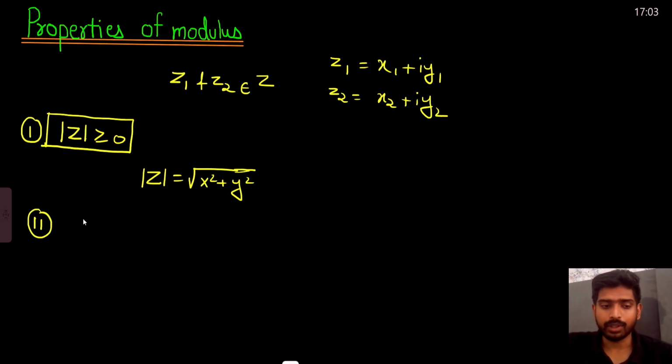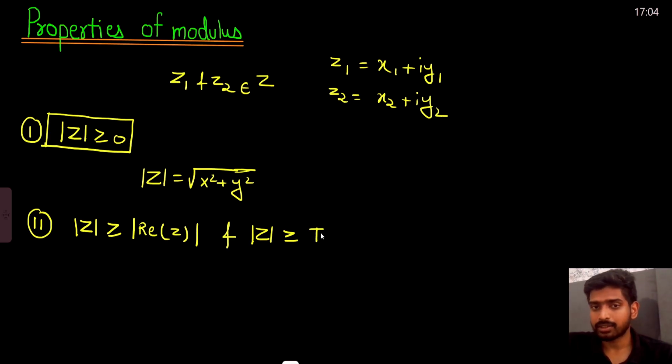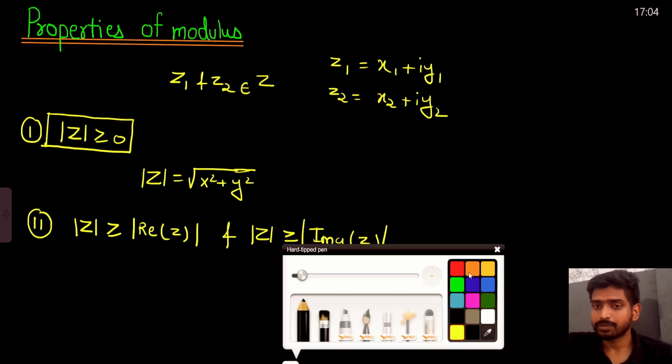the next property of modulus of a complex number is that the modulus of the complex number will be greater than the mod of the real part of z, and the modulus of z is also greater than the imaginary part of z. Why? Because what is the mod of z?